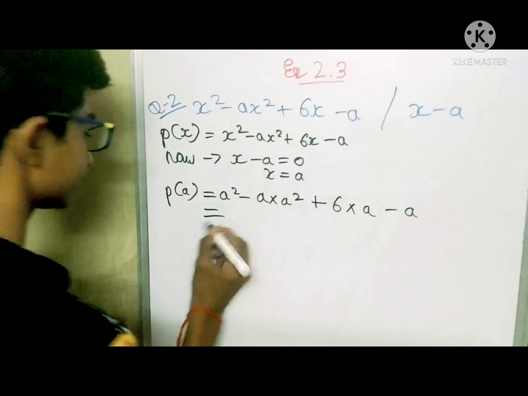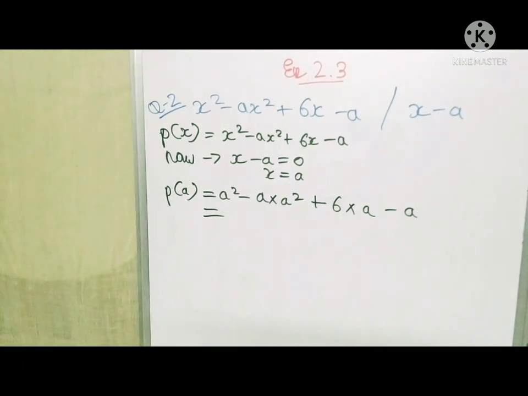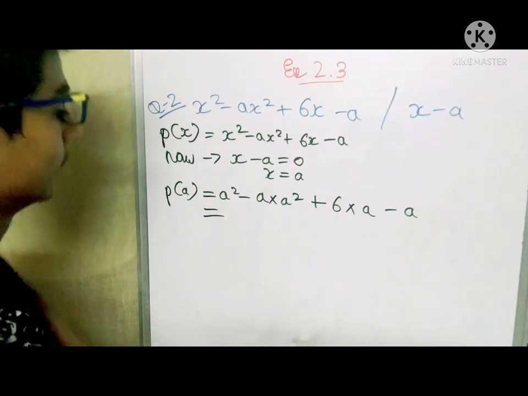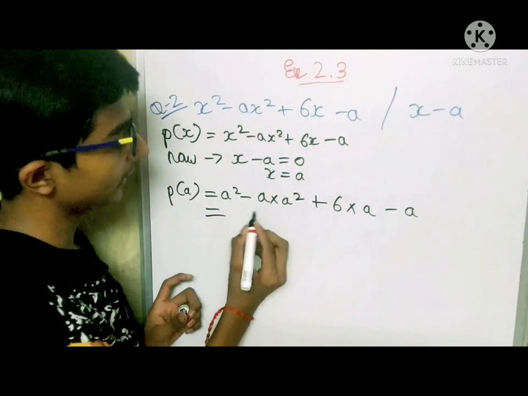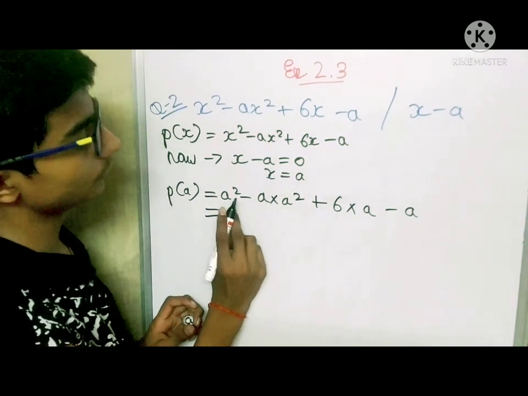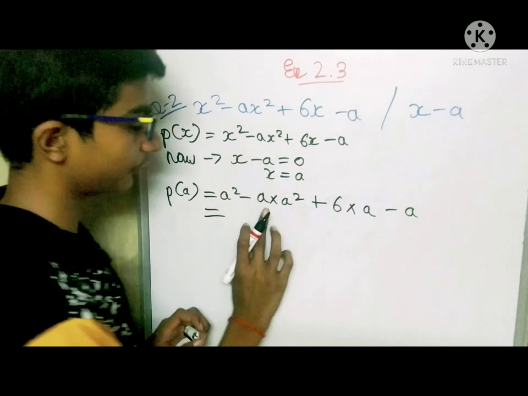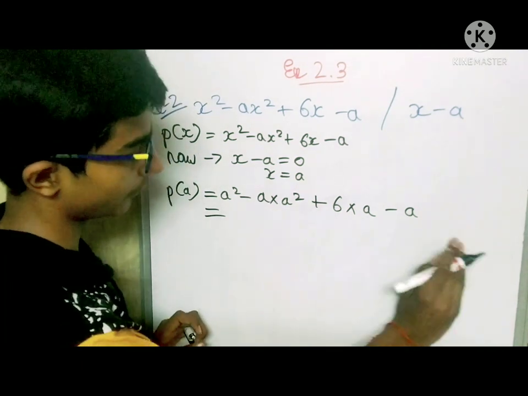Sorry for the delay. Here a square minus a. Let's first do this, then this, and then this.